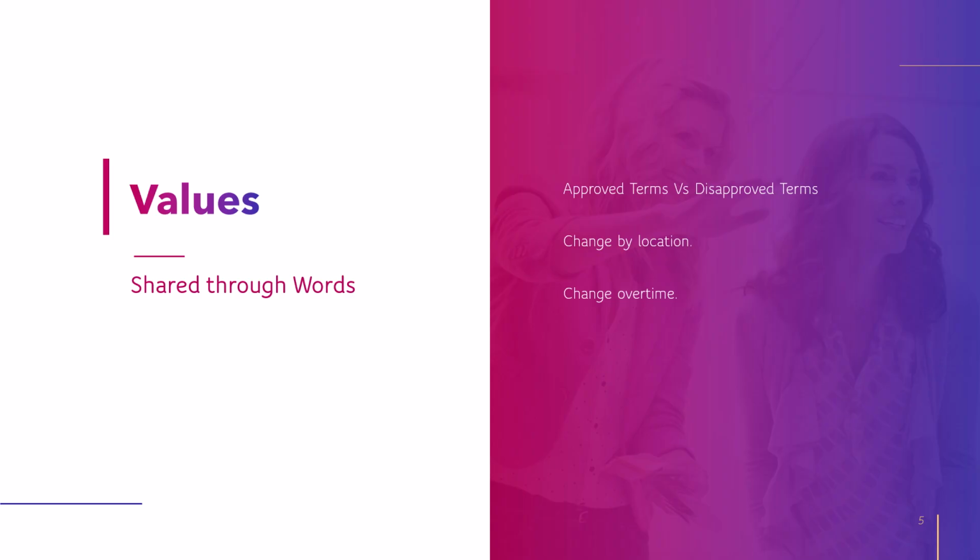Values are one of those things that you often don't know what the values are until you've crossed the line or someone's warned you about it. Otherwise, you might be completely oblivious to it. So, as a society, we tend to agree to use certain words, or we disapprove of using other words.